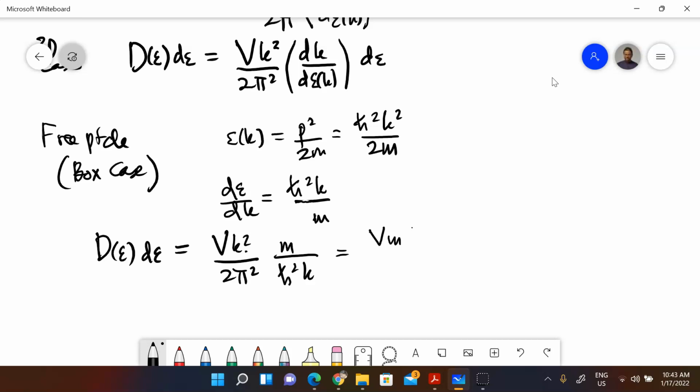So V, let me just cancel that off. Oh, that's all right. 2m epsilon to the half divided by 2 pi squared h bar cube.